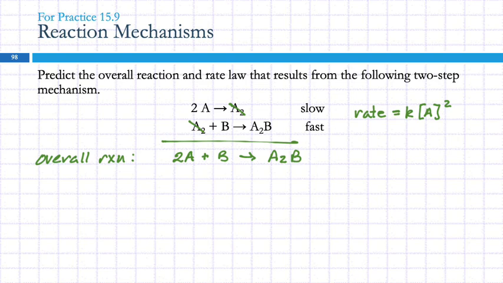If the second step or the third step is slow, if the first one's fast, then we've got a little more work to do. So the overall rate law is predicted to be the rate equals rate constant times the concentration of A squared. Any questions?